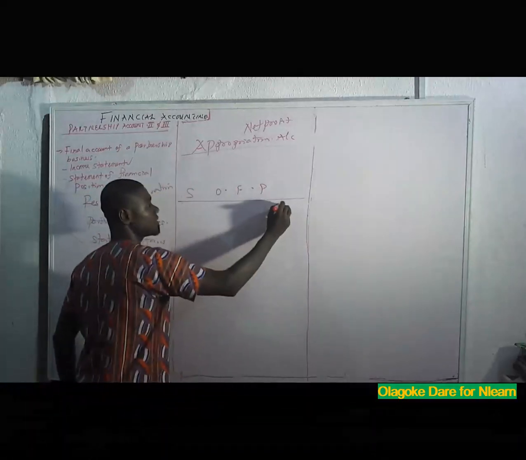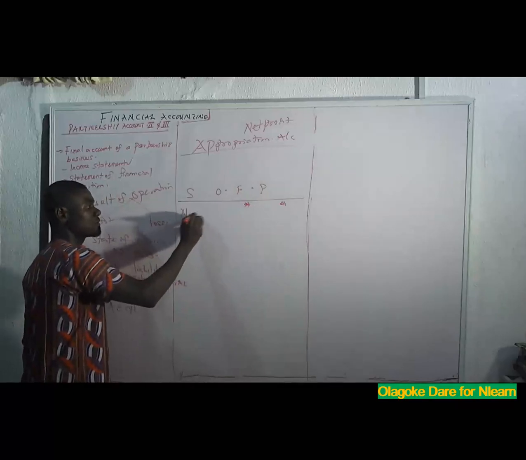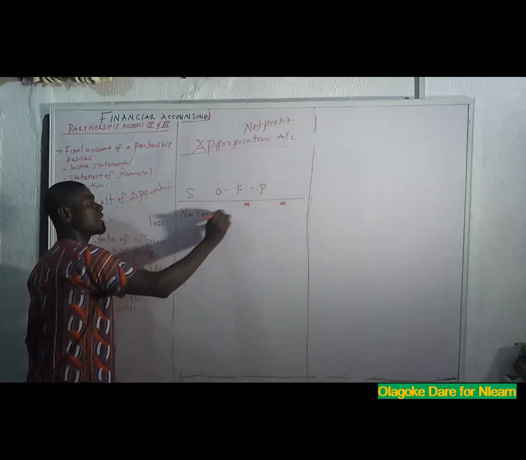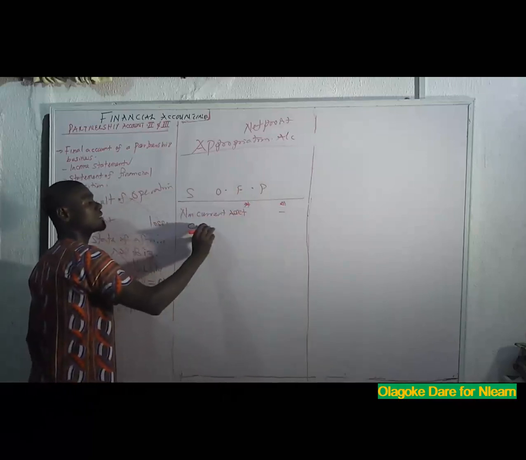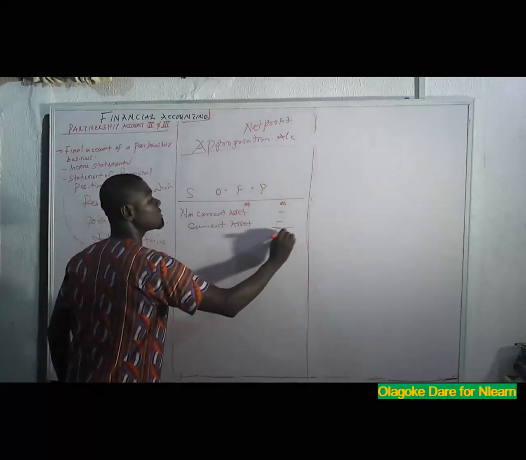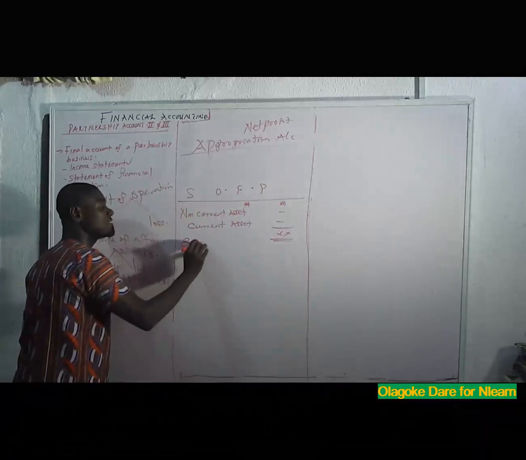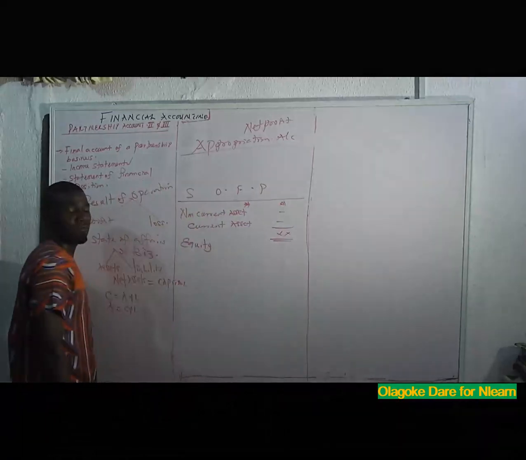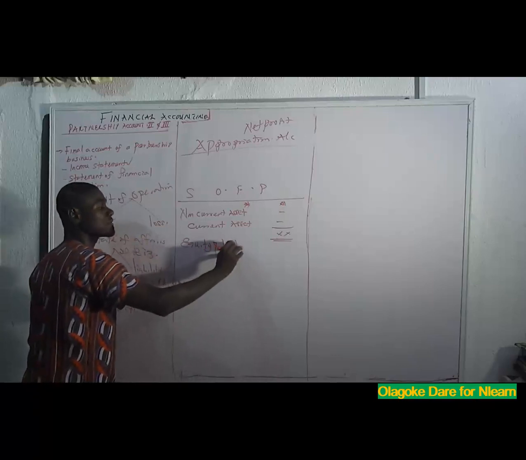I have my non-current assets, I have my current assets, and I have the total here. Then that's where we have equity and liabilities.